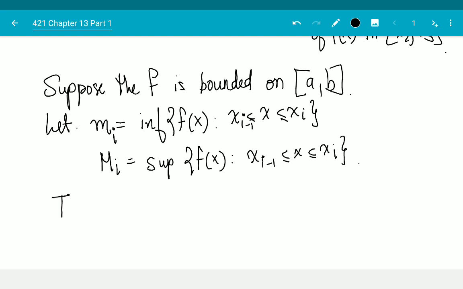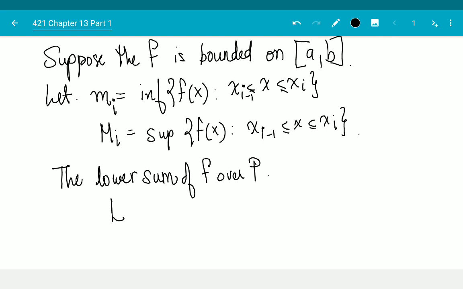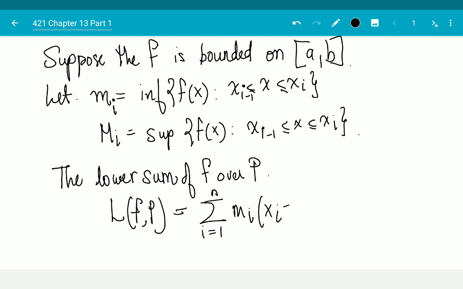The lower sum of f over a partition P, which will be written as L of f comma P, is then the summation from i equals 1 to n of small mi times xi minus xi minus 1.